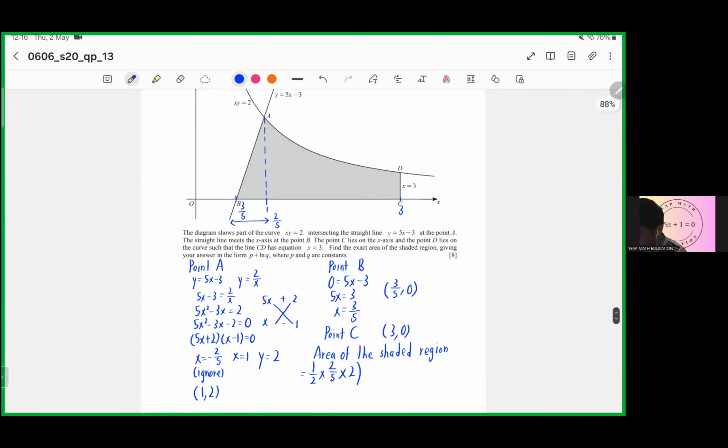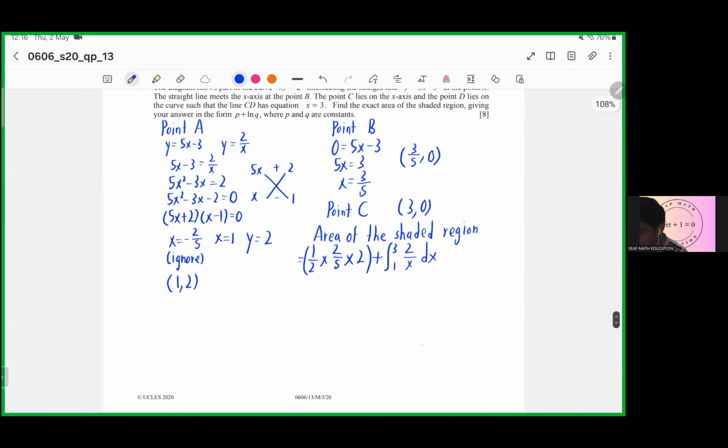And then plus the integral from 1 to 3 of 2 over x dx. Here we get the answer: 2 over 5 plus 2 ln x from 1 to 3, which is 2 ln 3 minus ln 1.